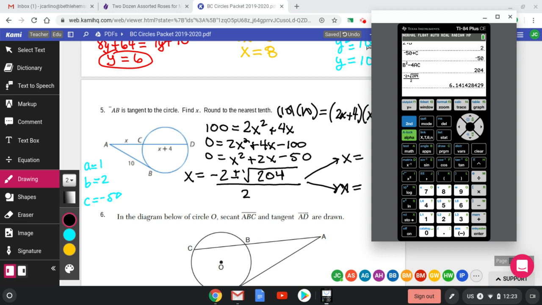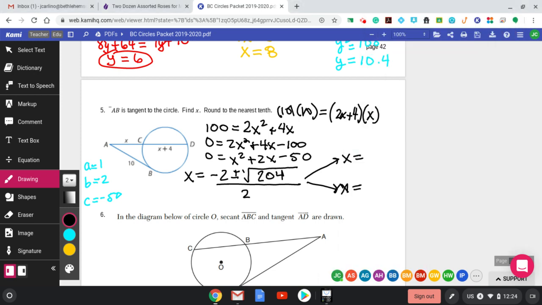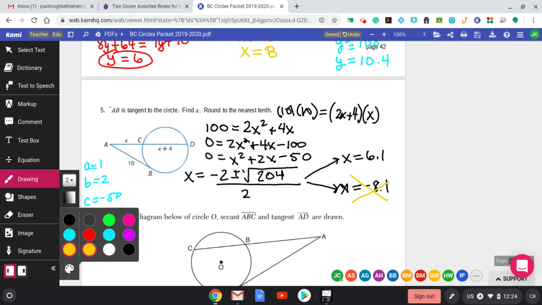And the second answer is going to come from negative 2 minus the square root of 204 over 2. So it's 6.1 and negative 8.1. Unfortunately, I can't have that as an answer because I would make a length negative, so reject. So my answer here, 6.1.